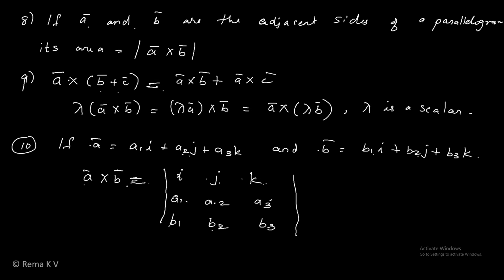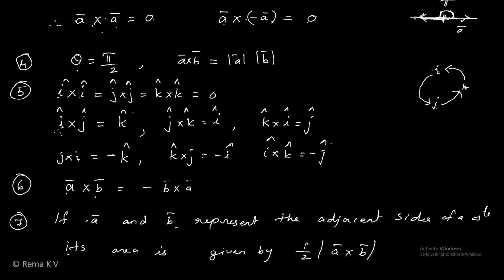If A and B are non-zero vectors, then A cross B equal to 0 implies A is parallel to B. From that result, we can say that A cross A is equal to 0 and A cross minus A is equal to 0. Then using that, if theta is equal to pi by 2, A cross B is equal to modulus of A into modulus of B.